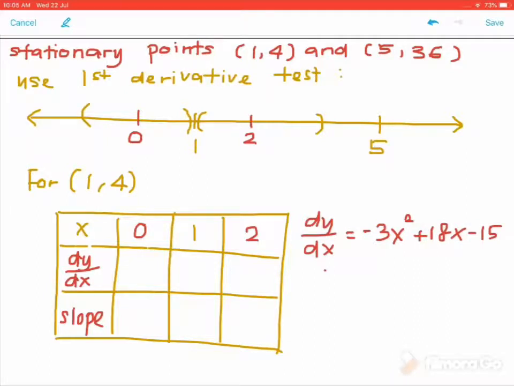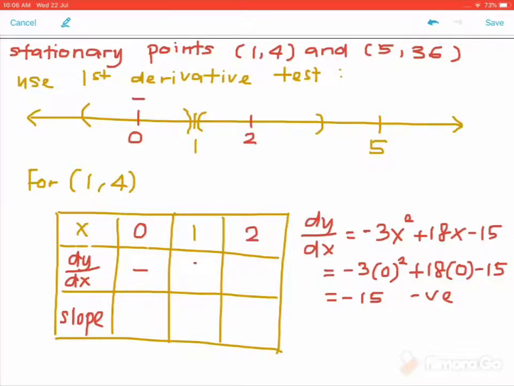Now we substitute 0 into our dy/dx: negative 3 times 0 squared plus 18 times 0 minus 15. We get negative 15, which is a negative value, so we write negative here. When we substitute 1 into our dy/dx, of course we get 0.